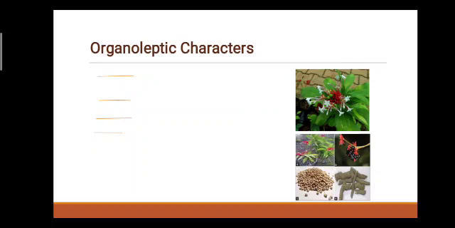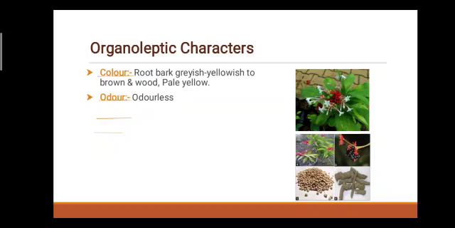Organoleptic characters: color: root bark grayish yellowish to brown and wood pale yellow. Odor: odorless. Taste: bitter. Size: long 10 to 15 cm and diameter 1 to 3 cm.